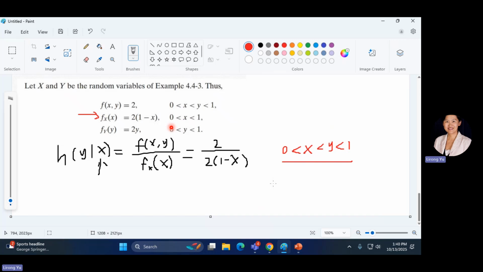Now, for example, if we were to find the conditional expectation of y given x, it will be an integration question. You integrate y times h of y given x.